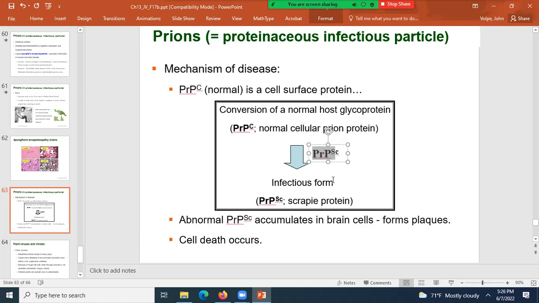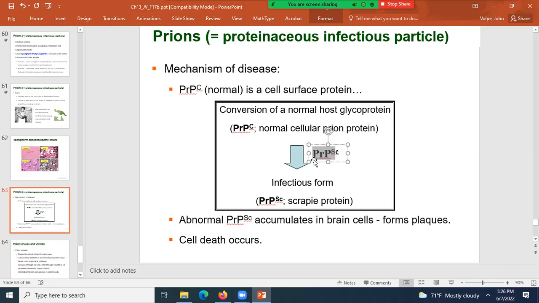And so the cell makes more of the normal protein, and then the prion form of the protein makes more of the prion protein. And that's how the disease manifests itself, where the prion protein copies itself or replicates itself.